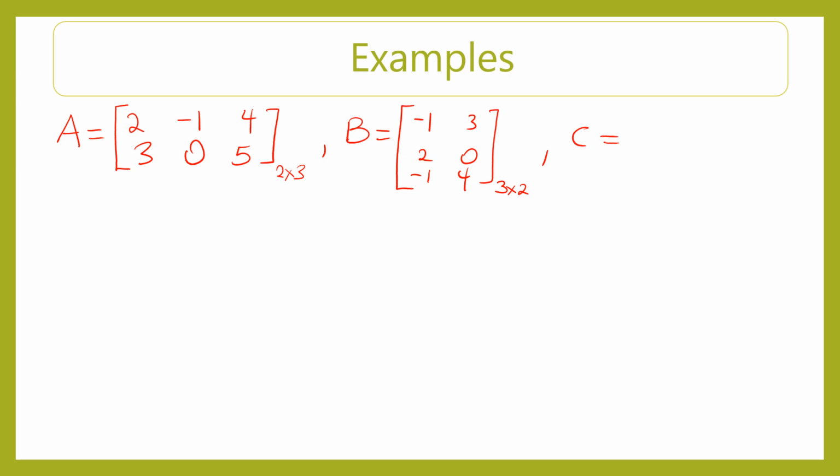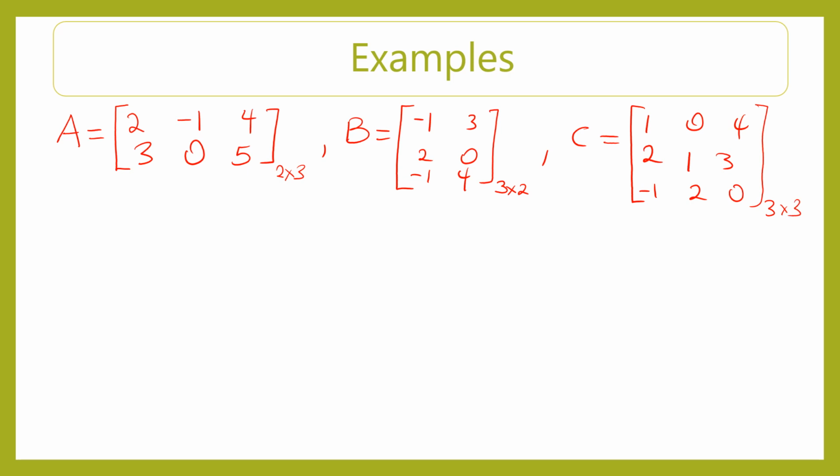Matrix C, on the other hand, is 1, 0, 4, 2, 1, 3, -1, 2, 0. In this case, we have a 3 by 3 matrix.